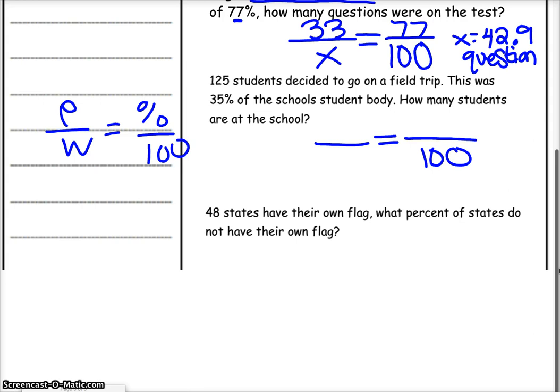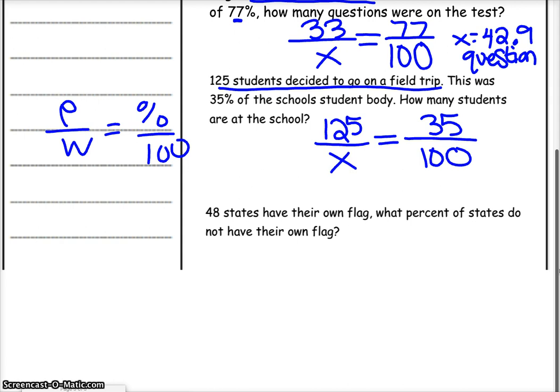125 students went on a field trip. Is that the whole school went on the field trip or part of the school? Part of the school went on the field trip. This was 35% of the student body. So 35 goes on the percent part. I'm looking for how many kids were at the school.